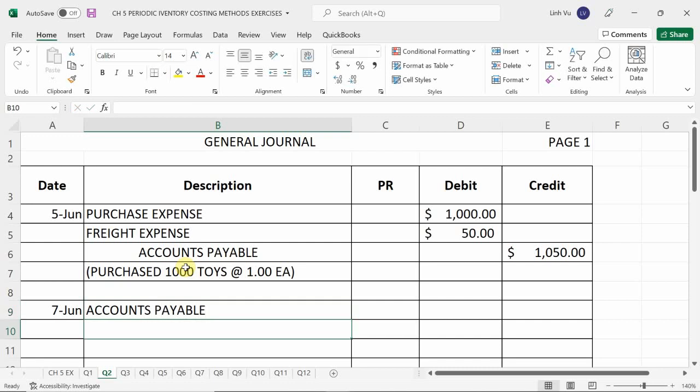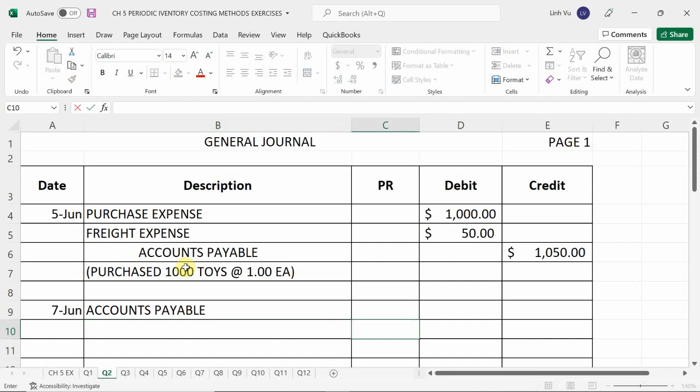Now, what account am I going to use to indicate that I returned stuff? I returned inventory. Purchase returns and allowances. Purchase returns and allowances. Good.